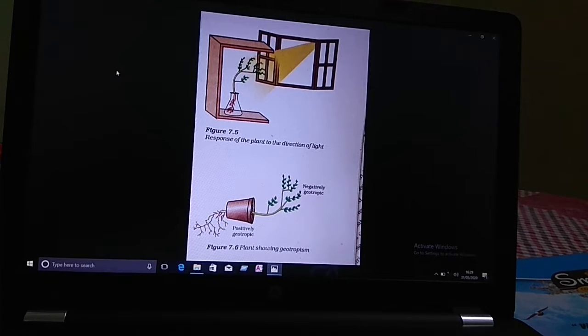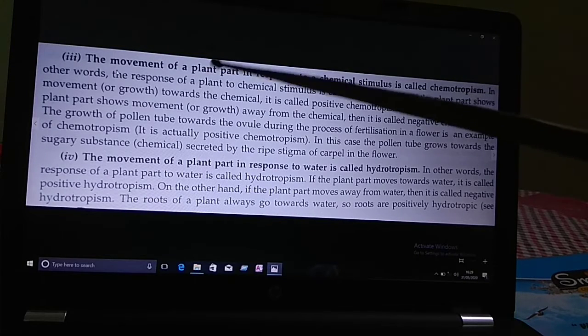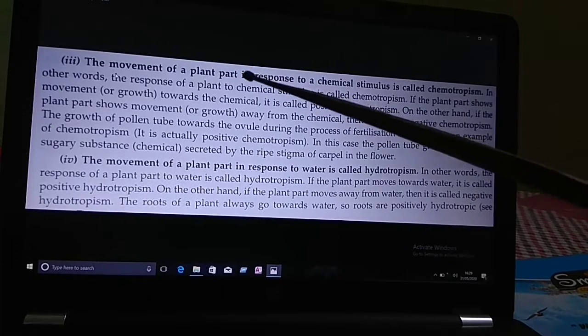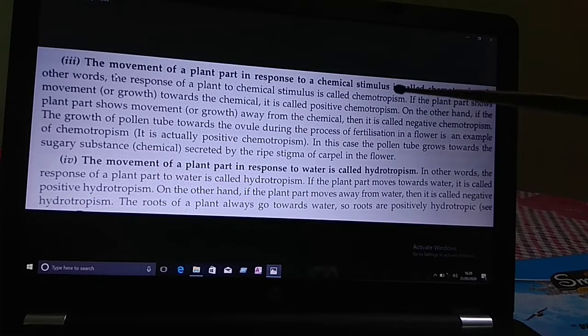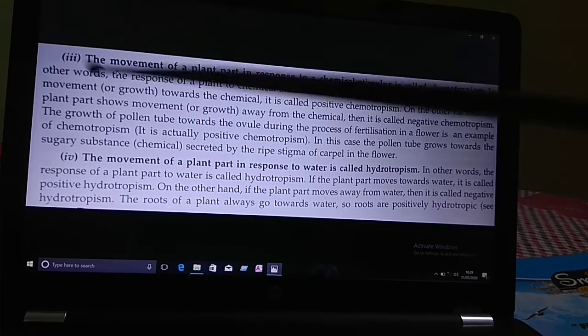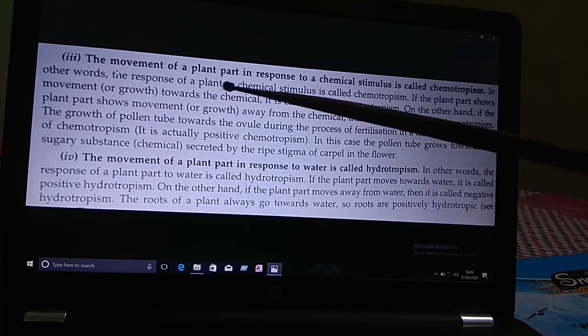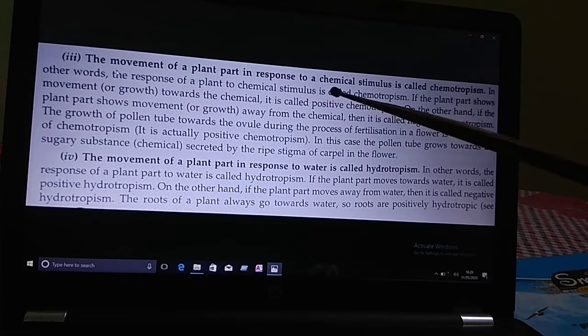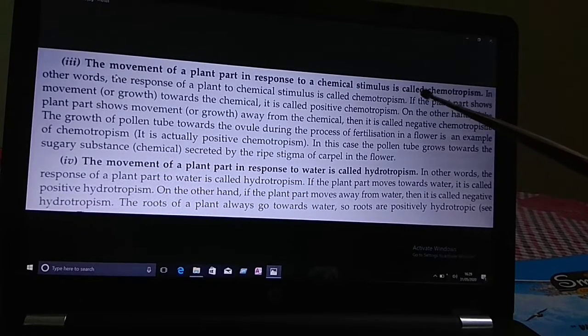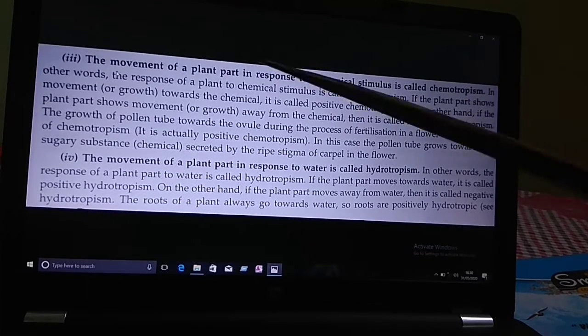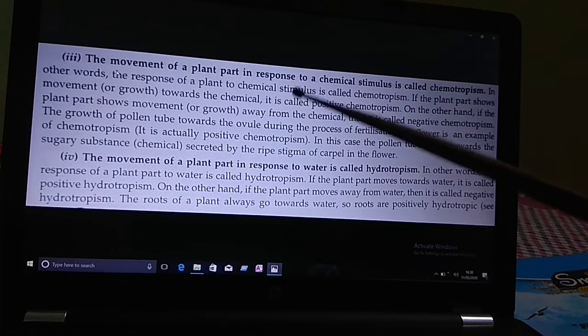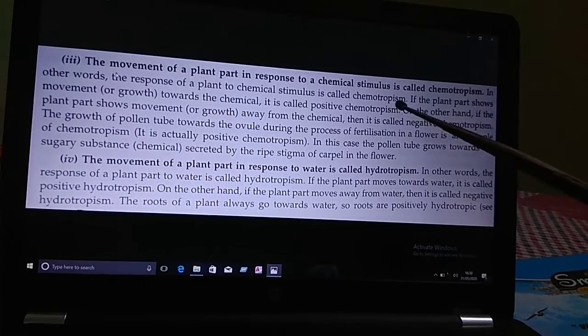So children, next, the movement of a plant part in response to a chemical stimulus is called chemotropism. In other words, the response of a plant to chemical stimulus is called chemotropism. If the plant part shows movement towards the chemicals, it is called positive chemotropism.